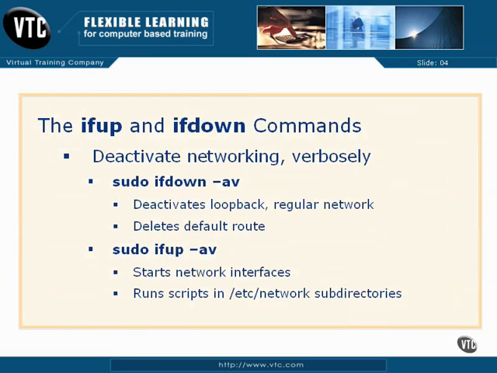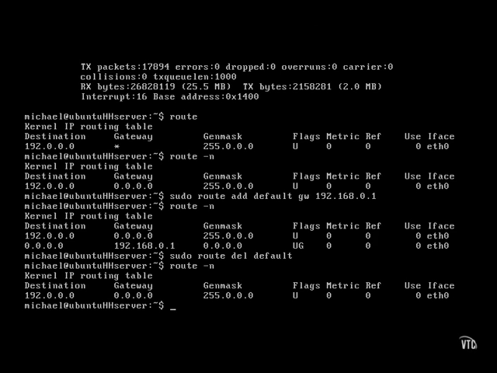Now let's examine the ifup and ifdown commands. Well, since networking is activated on this system, let's first deactivate networking. It requires administrative privileges. The -av switch deactivates all network interfaces in verbose mode.